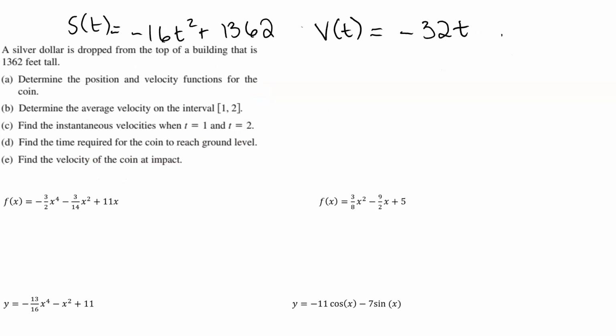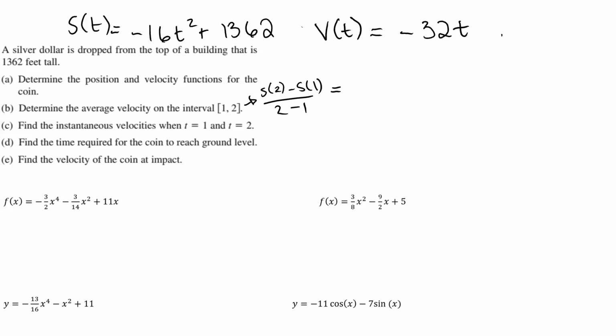Now we're looking at average velocity, which, remember, is our change in position over our change in time. So average velocity on the interval 1 to 2 is going to be our position at 2 minus our position at 1, over 2 minus 1. Because remember, an average rate of change is our slope.